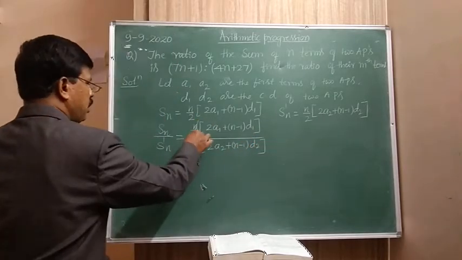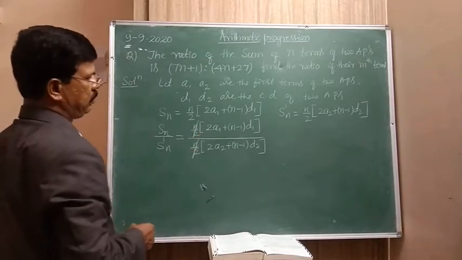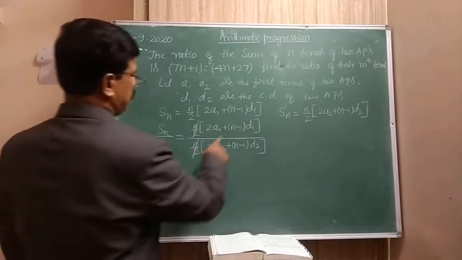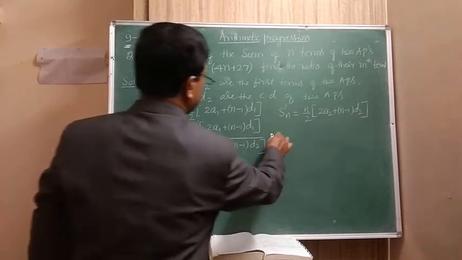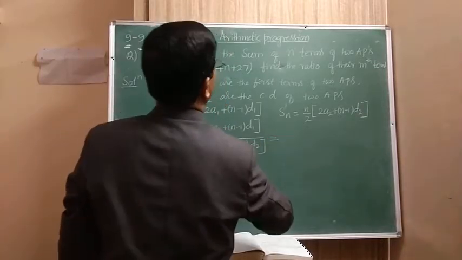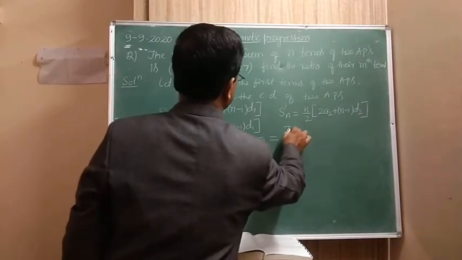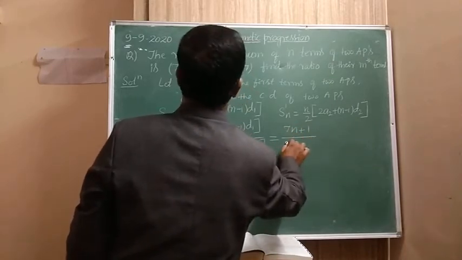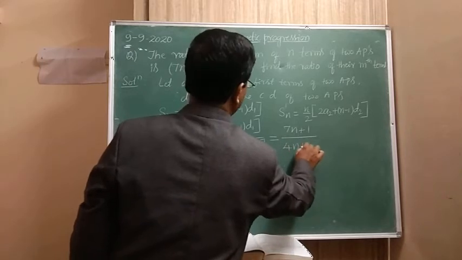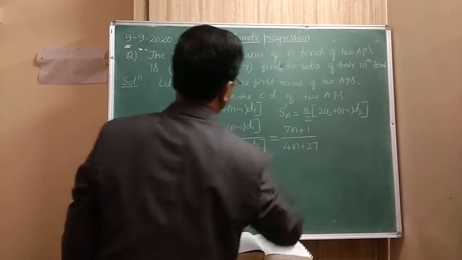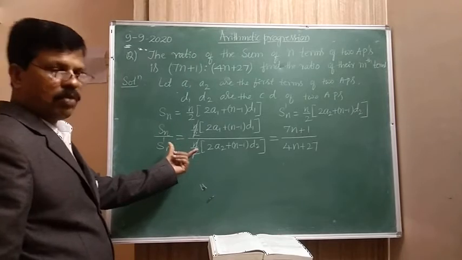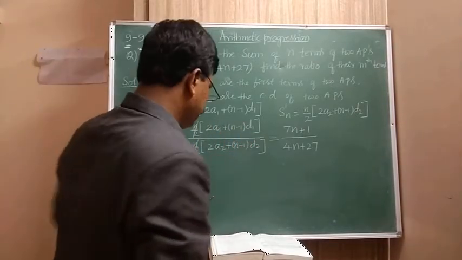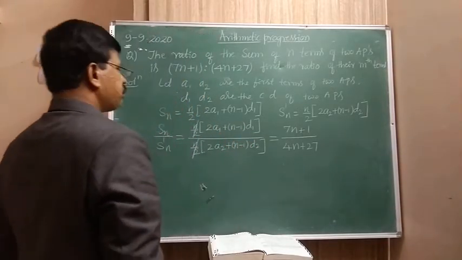Here this n by 2 gets cancelled. Now left out is this n minus 1. See, the ratio is given. You can write this as 7n plus 1 by 4n plus 27. They are given. The ratio is given like this.